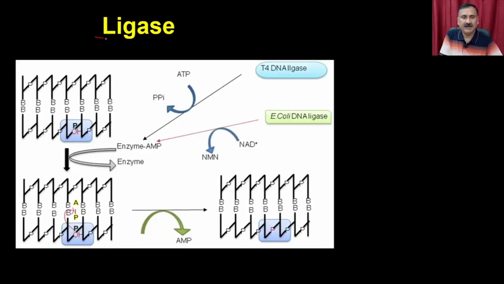Okay, when you add the ligase along with ATP, we have taken an example of two different enzymes: T4 DNA ligase and E. coli DNA ligase.